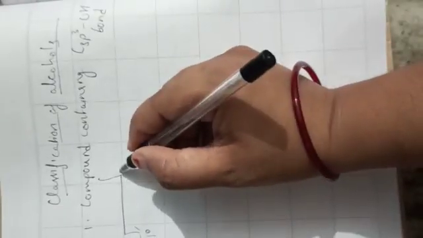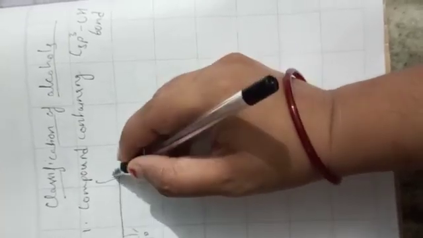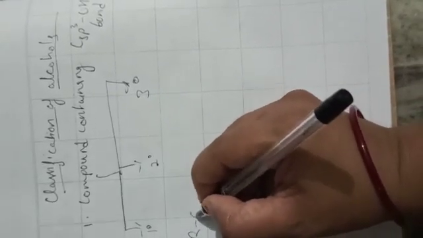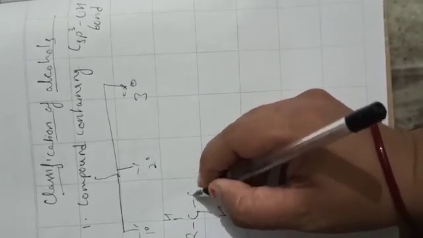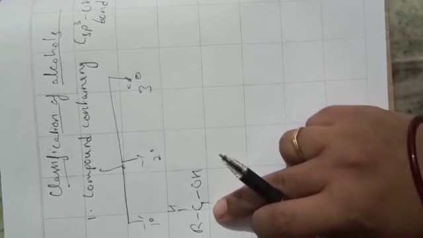First one is your primary, then secondary, and then tertiary. Let's see the example for it. For example, this R can be any alkyl group, and as you can see, in this the OH group is attached to the primary carbon atom.